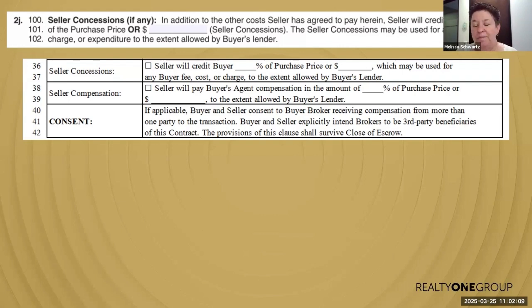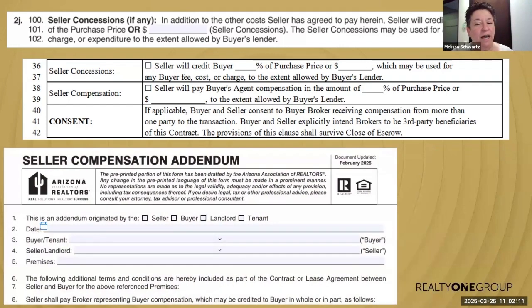So, let's look at the seller compensation addendum, because I've been getting a lot of people that want to counter and basically not use the seller compensation addendum.